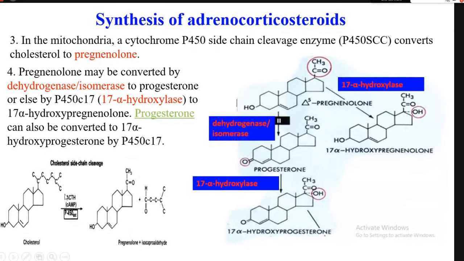This first step is the committed step of steroid synthesis. The cholesterol side chain cleavage enzyme cleaves this side chain, and then it becomes pregnenolone, and this small fragment is called isocaproaldehyde.